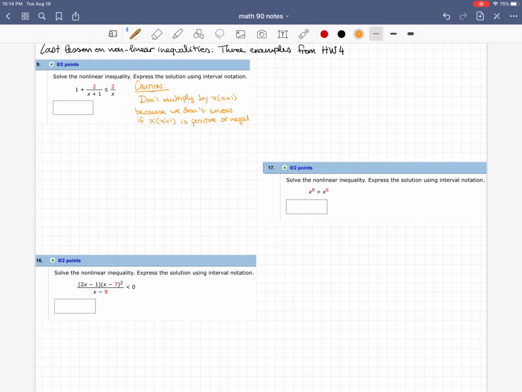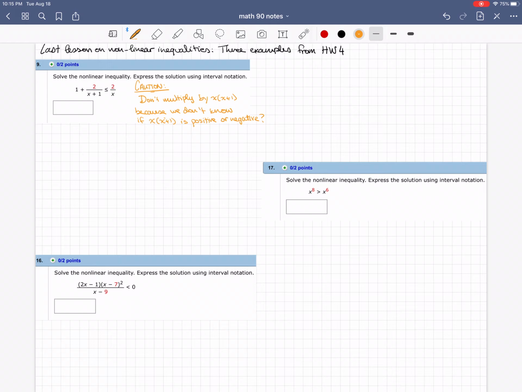And of course, you remember inequalities have a pretty important reaction to being multiplied by negatives on both sides. With a variable expression, it's going to be positive some of the time and negative some of the time. So it's really not good practice to multiply both sides of an inequality by a variable quantity, because if you do, you have to account for when it's positive and when it's negative, and it turns into a lot of work.